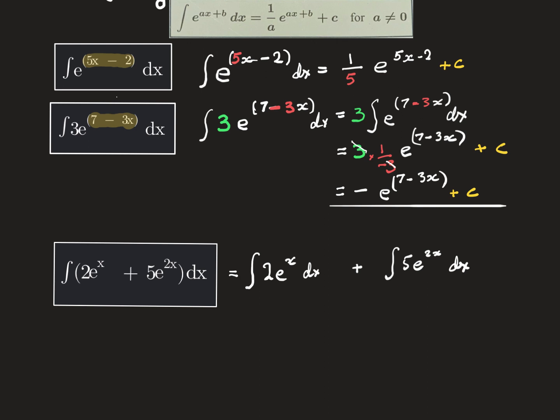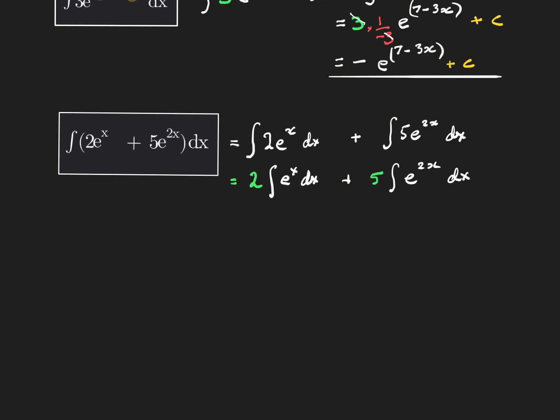And once again, we can rewrite this because we can say any constant within the integral may be written in front of the integral sign. And so the 2 now can be in the front, e to the x dx, and also the 5 could be written at the front, followed by that integral of e to the 2x dx.